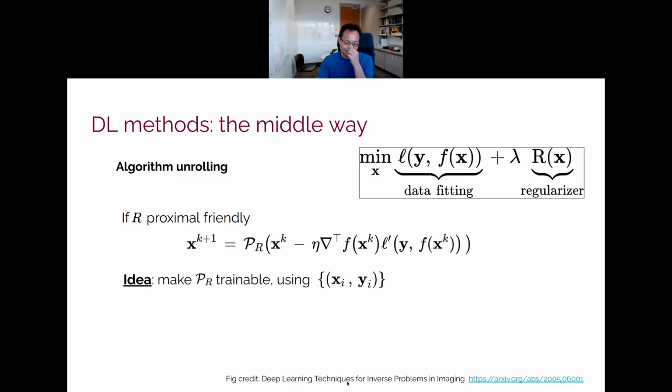Since I discussed the difficulties, namely which L is appropriate and which R is appropriate for our problem, the thought is, why not just let the data tell us which one is appropriate? So instead of doing some explicit specification of this regularization, we make this projection, or this proximal operation, directly trainable based on data.